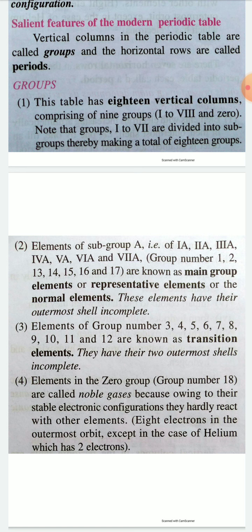Initially, the groups were represented by Roman numerals 1A, 2A, 3A. Now the new convention is to represent groups as 1, 2, 3, up to 18. There are a total of 18 groups.